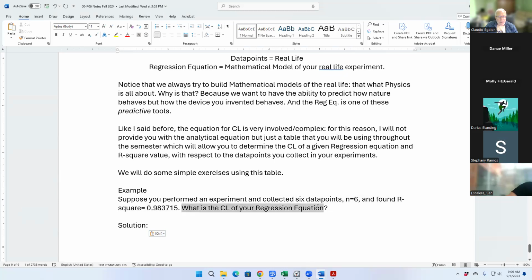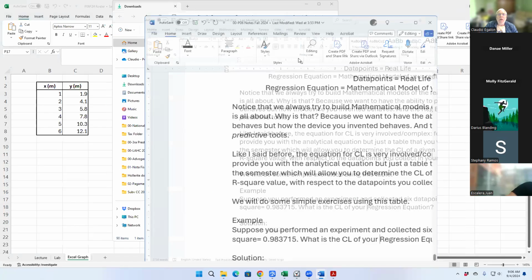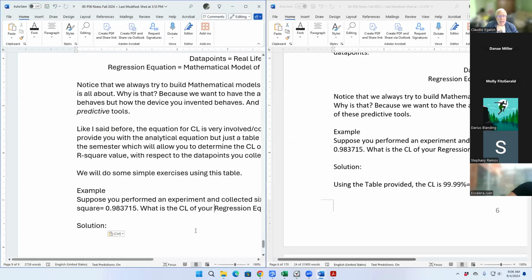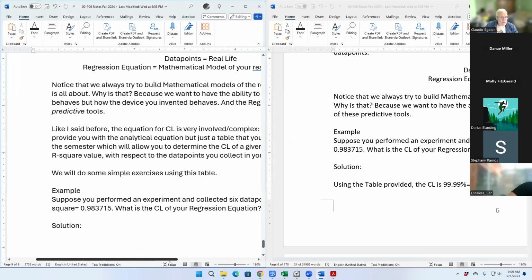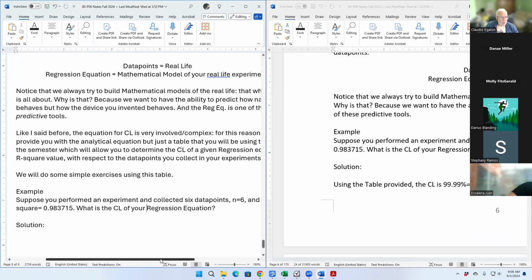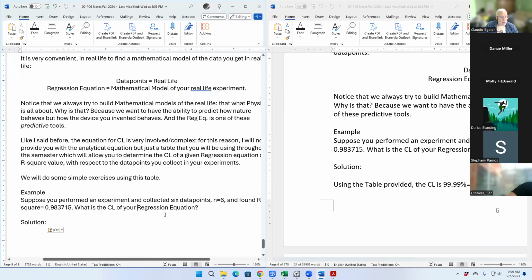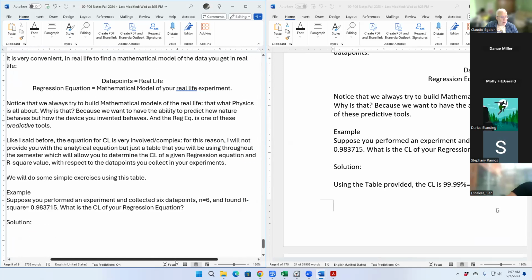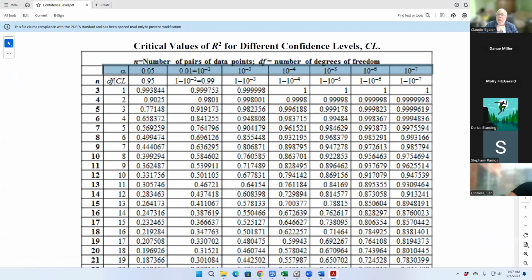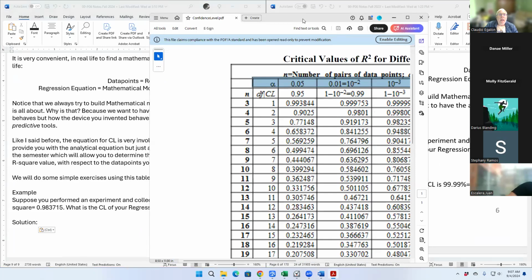What is the confidence level of your regression equation? So let's take a look at that. I have to have my table next to those values that I provided you.